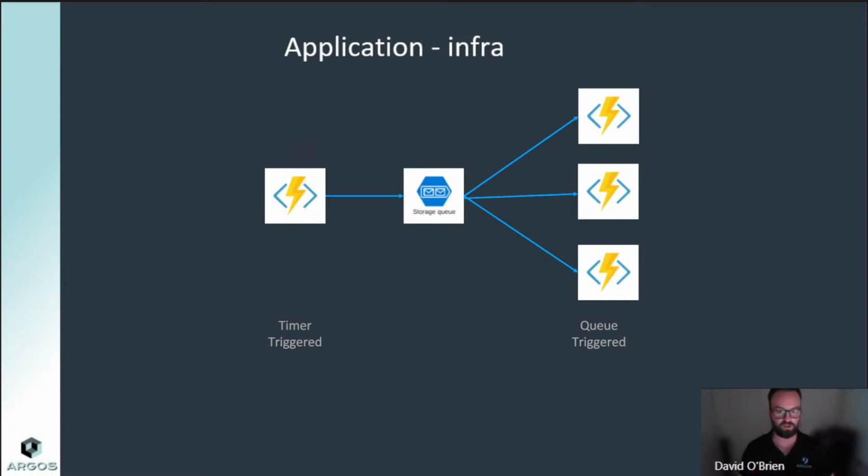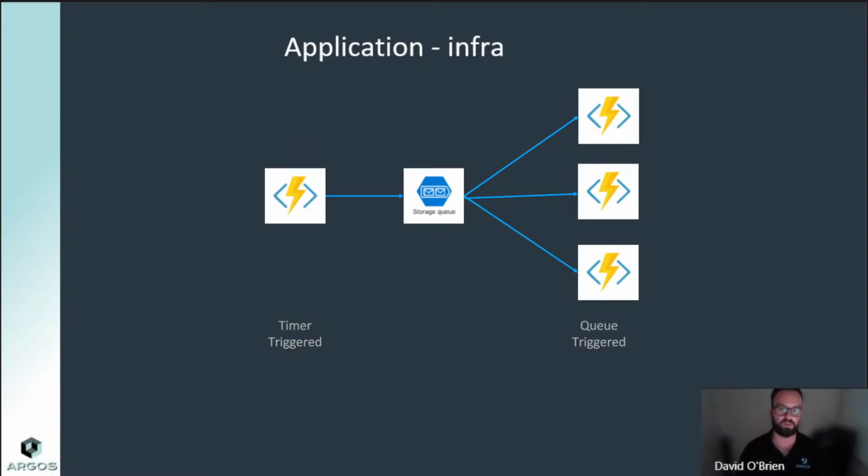And then the storage queue triggers all these other functions that get the message off the queue, execute what needs to happen, and then they're done. At the moment, that's around 800 messages every minute. And this number is really only going to go up.